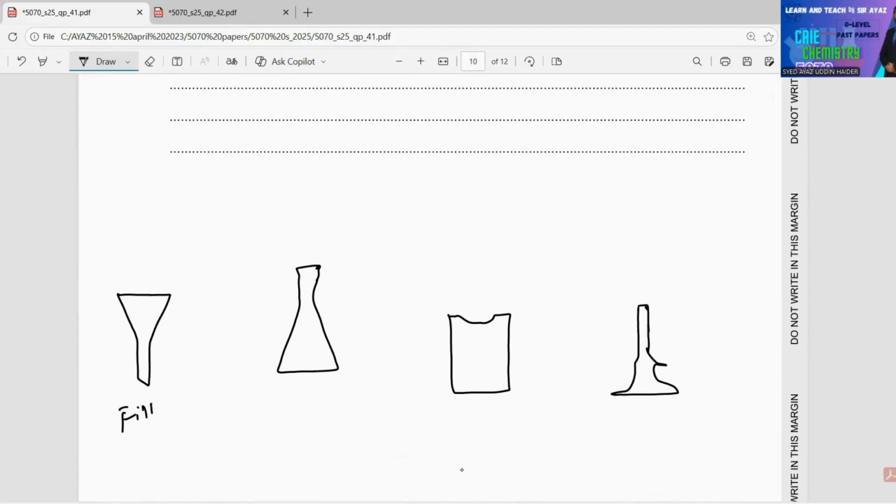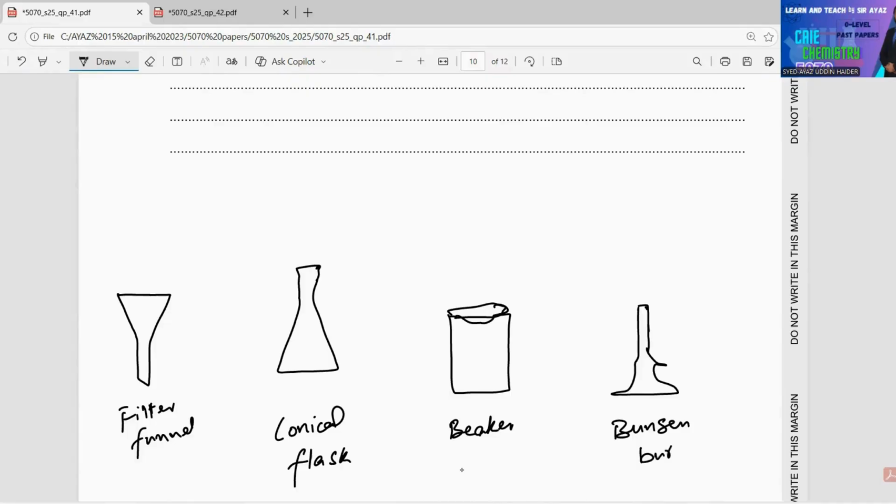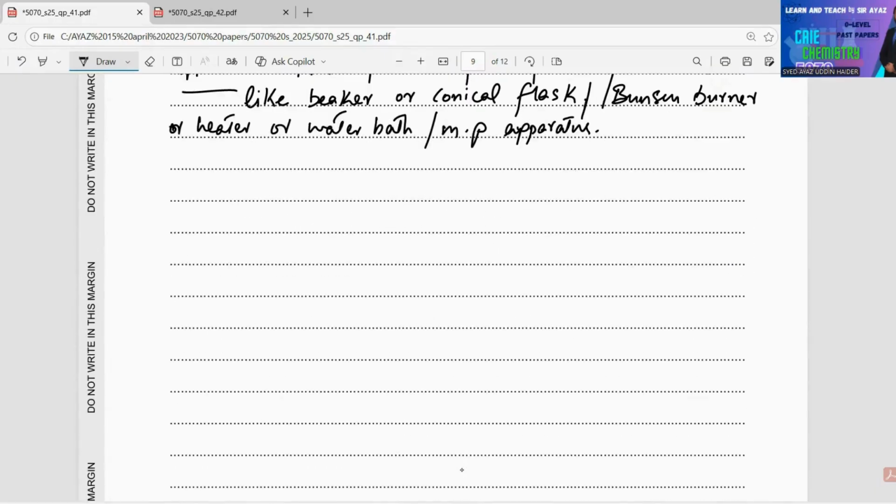This is the filter funnel. This is the conical flask. This one is the beaker. And the last one is the Bunsen burner. So you can gain straight away 2 marks by drawing any two of these.